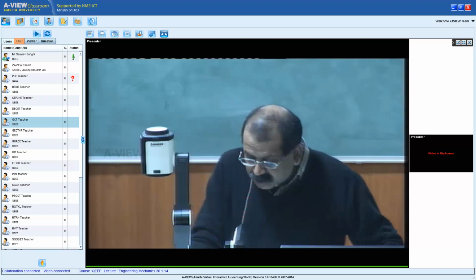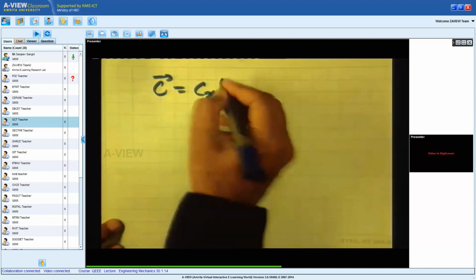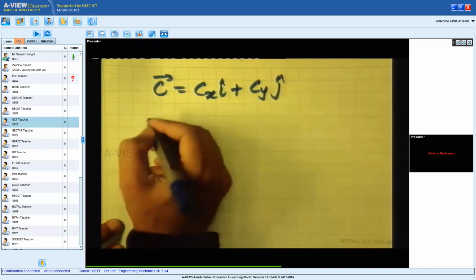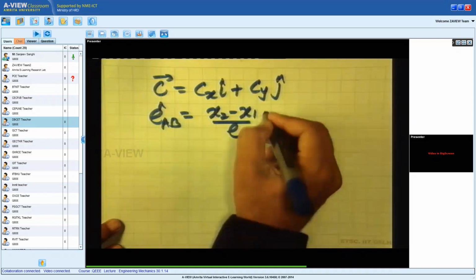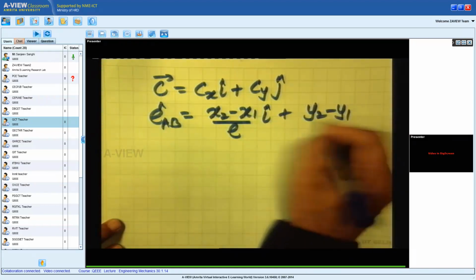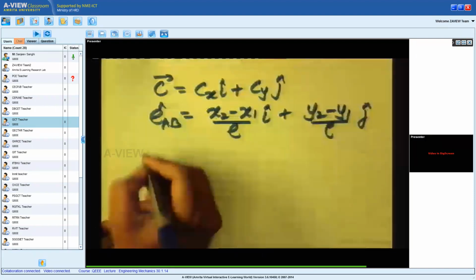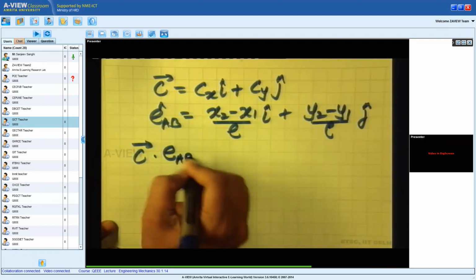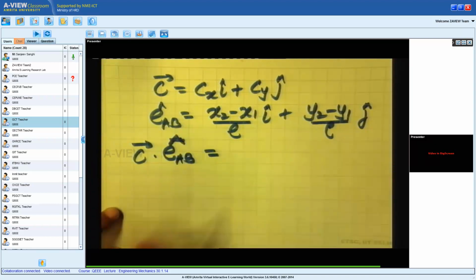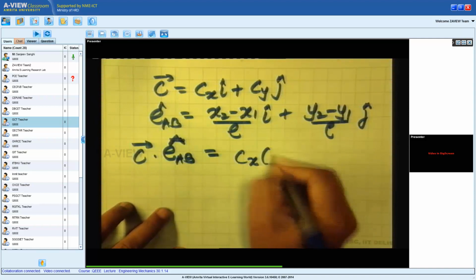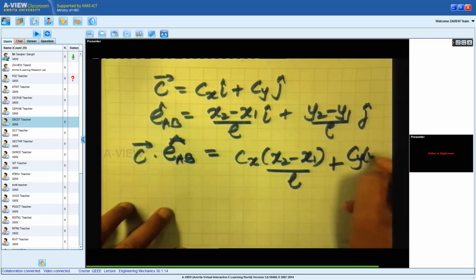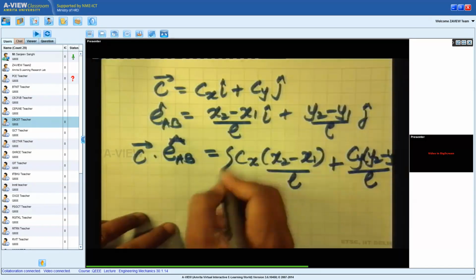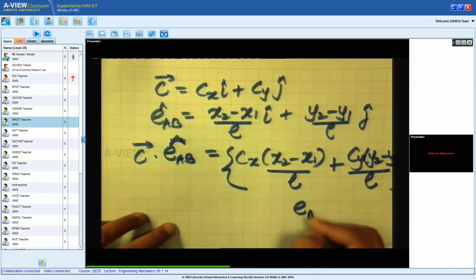So if I repeat, C was equal to Cx i plus Cy j, and a unit vector along AB we had written as (x2 minus x1) upon L i plus (y2 minus y1) upon L j. Then C dotted with eAB, the magnitude of the component, will be equal to Cx multiplied by (x2 minus x1) upon L plus Cy multiplied by (y2 minus y1) upon L.